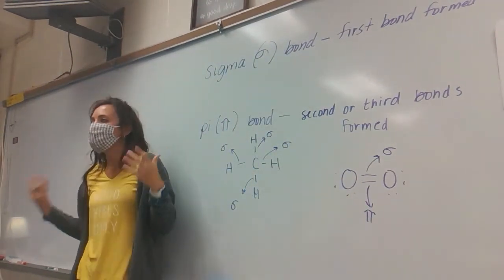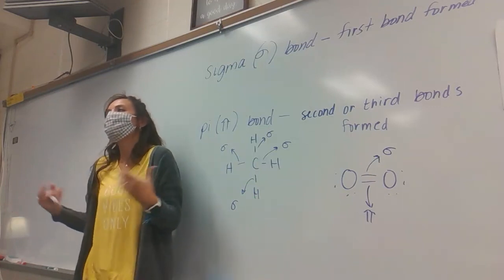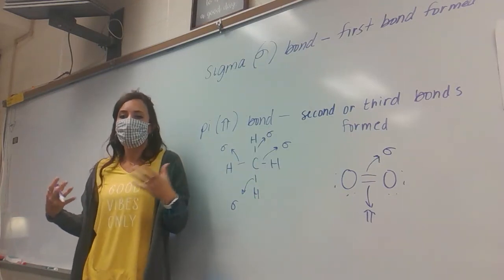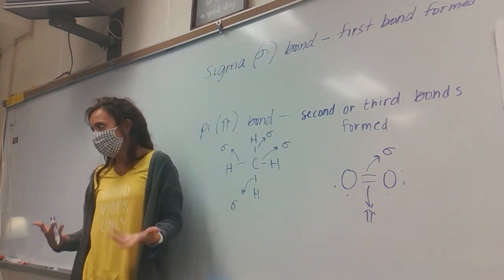Now everything is in constant motion. We could never define which is sigma and which is pi, but we know one of them is sigma, one of them is pi.